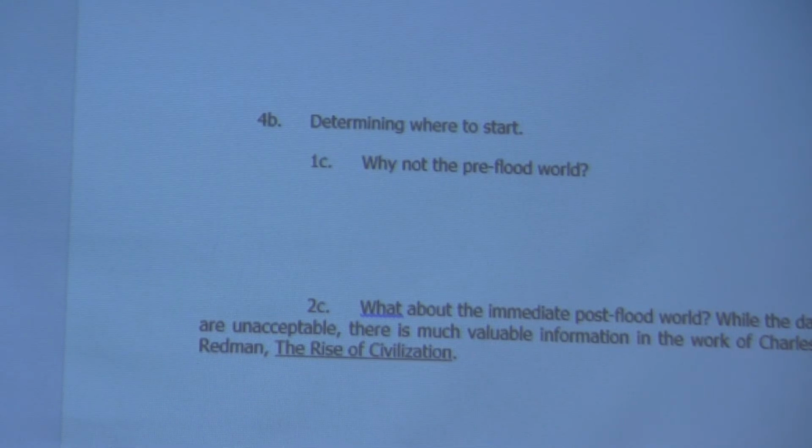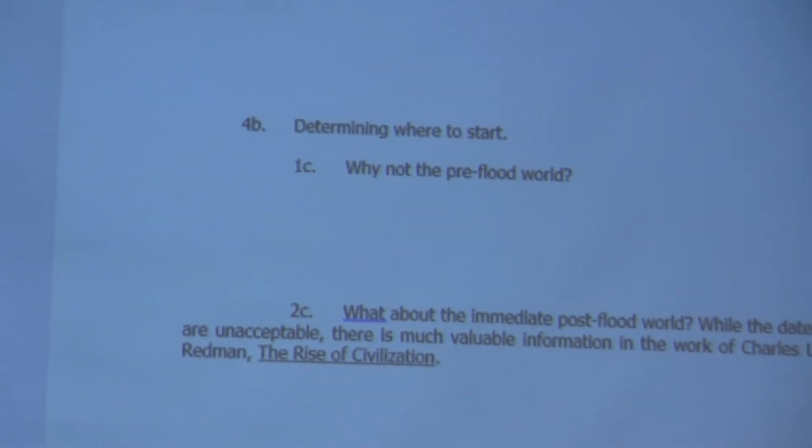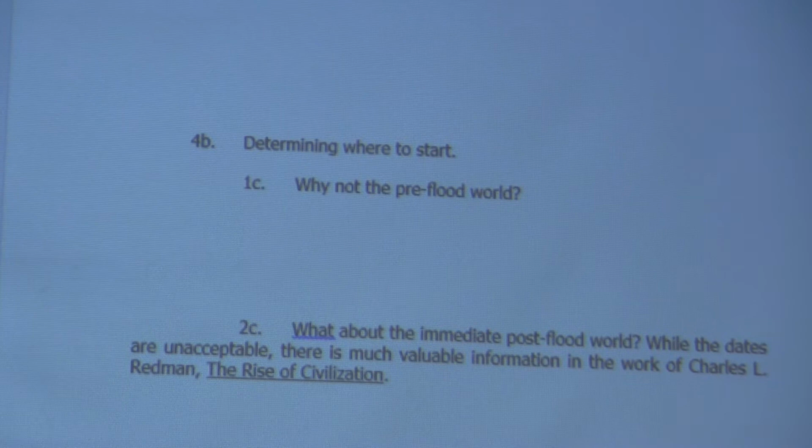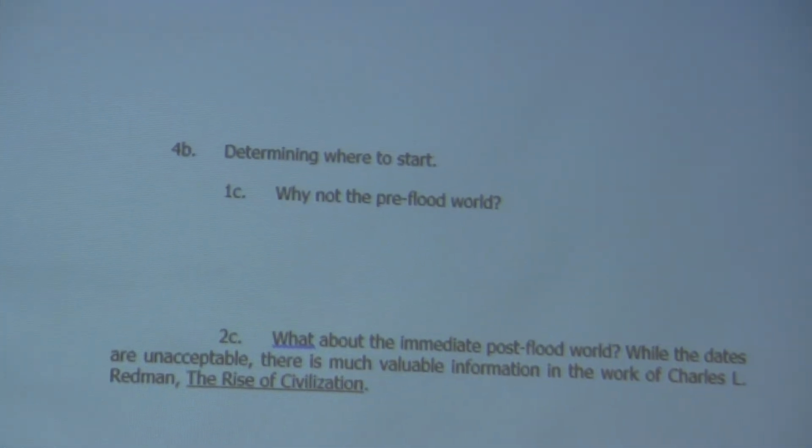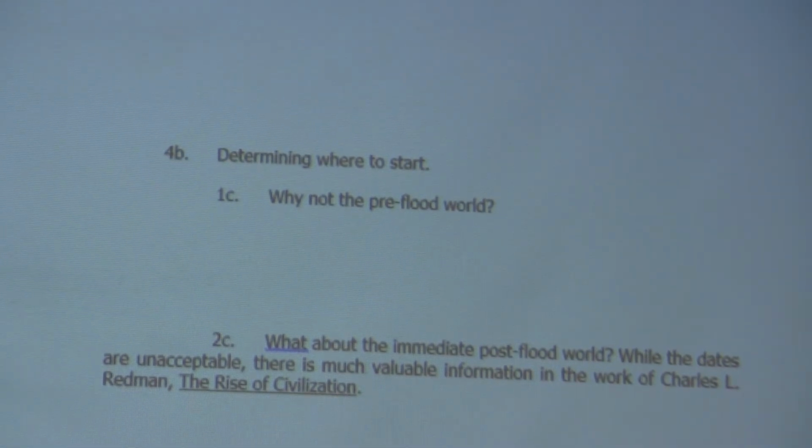So we really are not going to start, therefore, with Genesis 1 and 2. But that would lead us to ask the question, what about the immediate post-flood world? Because after all, if we started with the flood, we would have to start with the presupposition that everything in the world was destroyed.